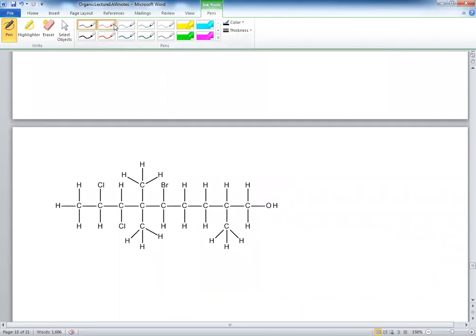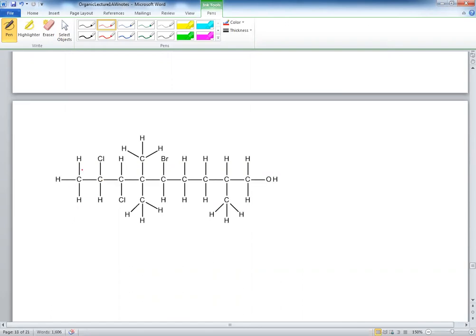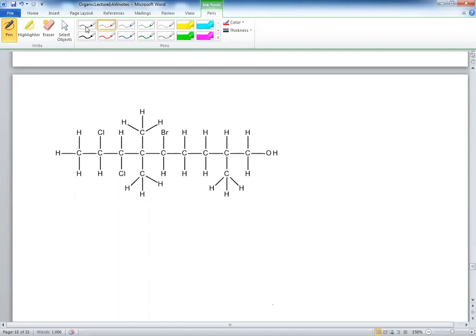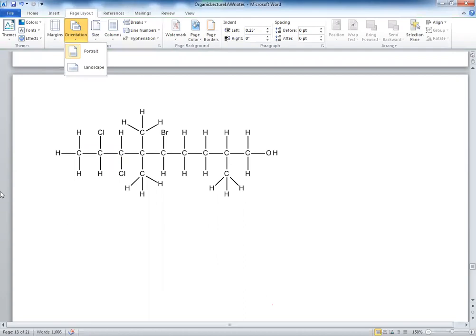So I'm going to number them. Here's 1, 2. Okay, not sure why it's not numbering.